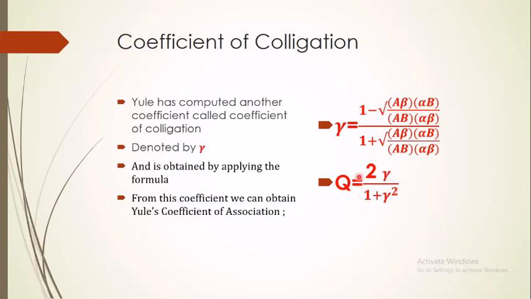So this is the relationship between the coefficient of colligation and Yule's coefficient of association. Capital Q is Yule's coefficient of association, and gamma is the coefficient of colligation, and this is how they both are related.